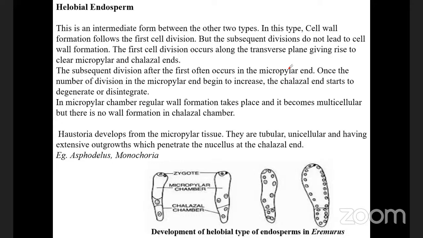That means both types, free-nuclear endosperm cells and cellular structure of the endosperm, both types are there. That's why it forms both, an intermediate type of the endosperm, that is called helobial endosperm.